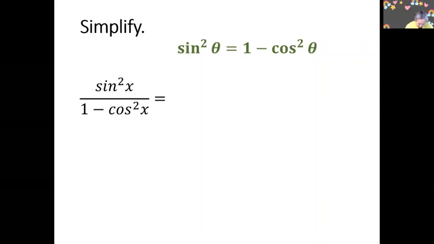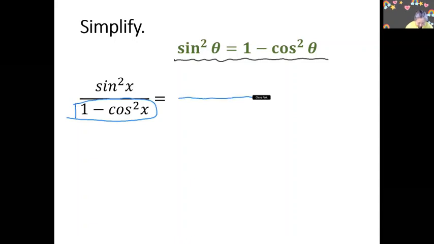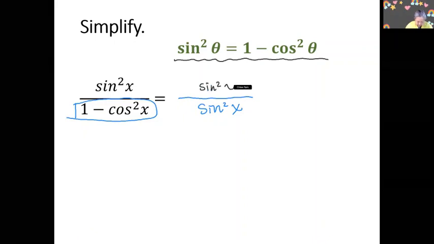Thanks to this, I can simply rewrite this part in the next step. It's sine square of x already. And I copy the numerator as it is, sine square of x. Oh, then this becomes very simple.